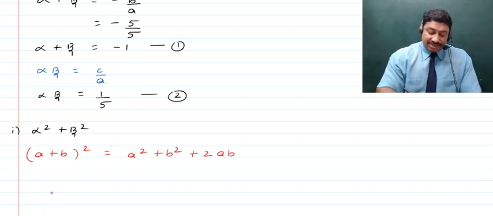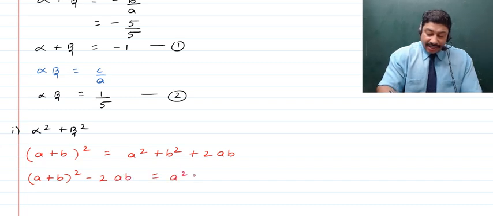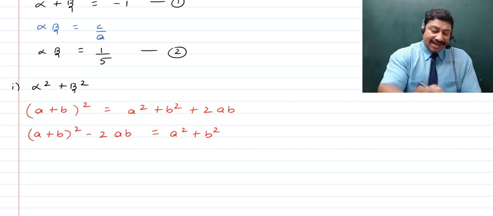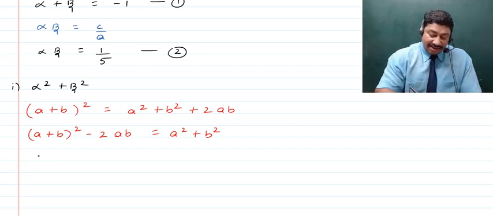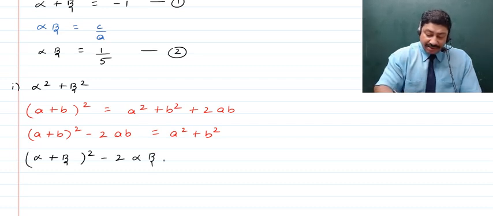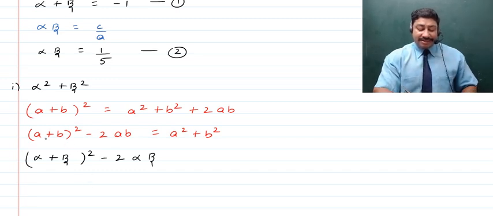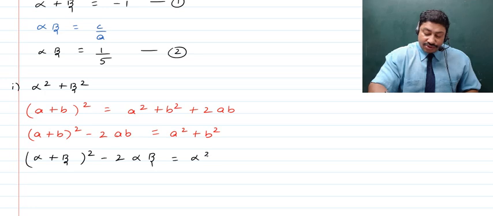And as such here, if you talk about a plus b whole square, and from that you subtract 2ab, then you will get a square plus b square. And thus children, if you want to write this as alpha and beta, you can say that if you talk about alpha plus beta whole square, and from which you subtract 2 times alpha beta, all replaced in place of a to be alpha and b to be beta, then we will get alpha square plus beta square as we require.